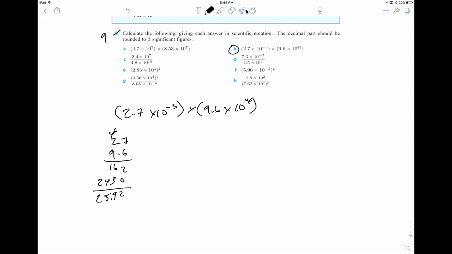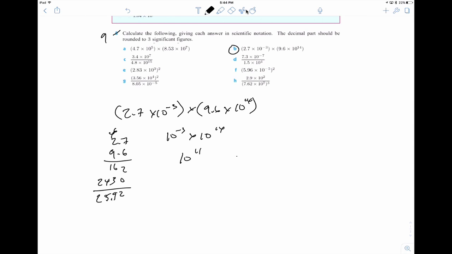Two decimal places used in the multiplication, 2 decimal places in the answer. And then we've got our 10 to the minus 3 times 10 to the 14, adding up to plus 11, and we get 10 to the 11.